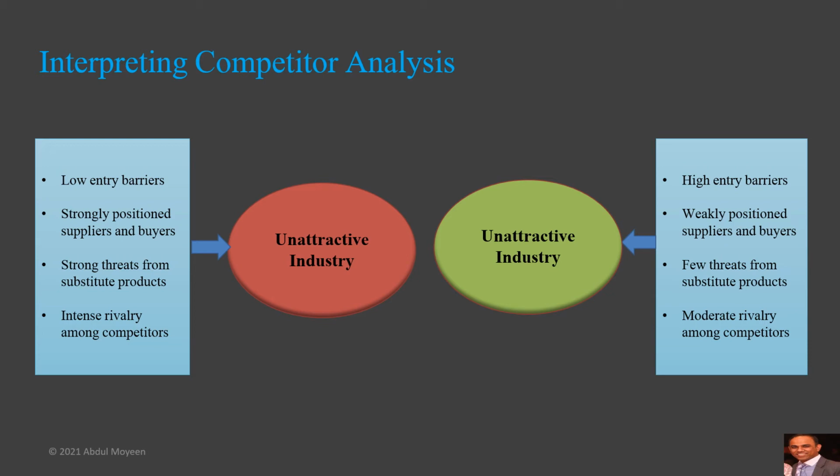An unattractive industry has low entry barriers, suppliers and buyers with strong bargaining positions, strong competitive threats from product substitutes, and intense rivalry among competitors, which make it difficult for firms to achieve strategic competitiveness and earn above average returns. Analyzing the industry environment in order to identify opportunities and threats leads logically to a discussion of what strategies should be adopted to exploit opportunities and counter threats.